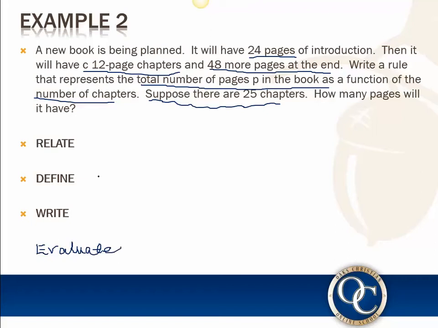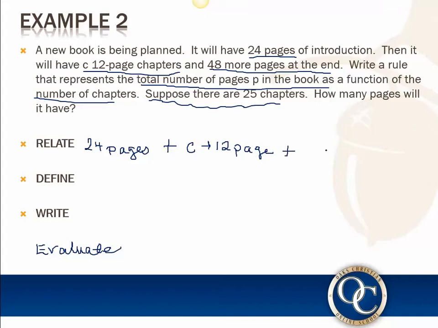Alright, let's go ahead and look at the relation. Let's look at the words here. You've got 24 pages of introduction, and then it will have C 12-page chapters. We don't know how many 12-page chapters there are.